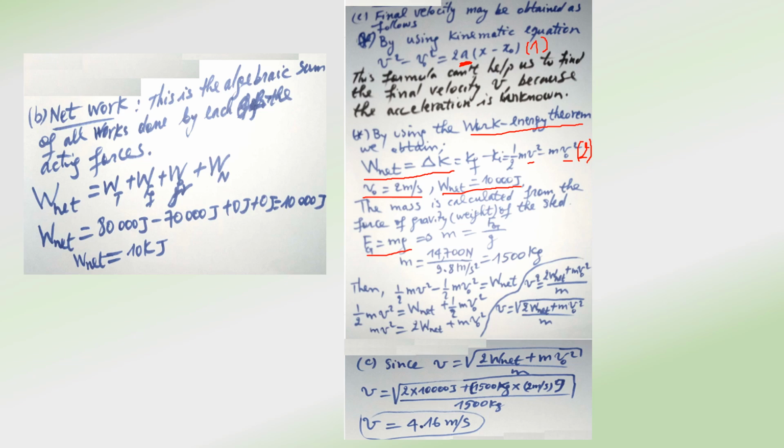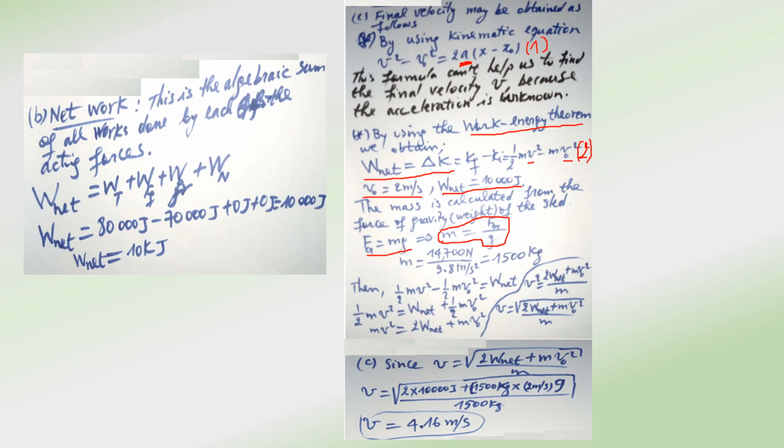Then the mass equals the force of gravity divided by the acceleration due to gravity. The force of gravity was given to be 14,700 newtons. Then we divide by 9.8 meters per second squared, which gives 1,500 kilograms.